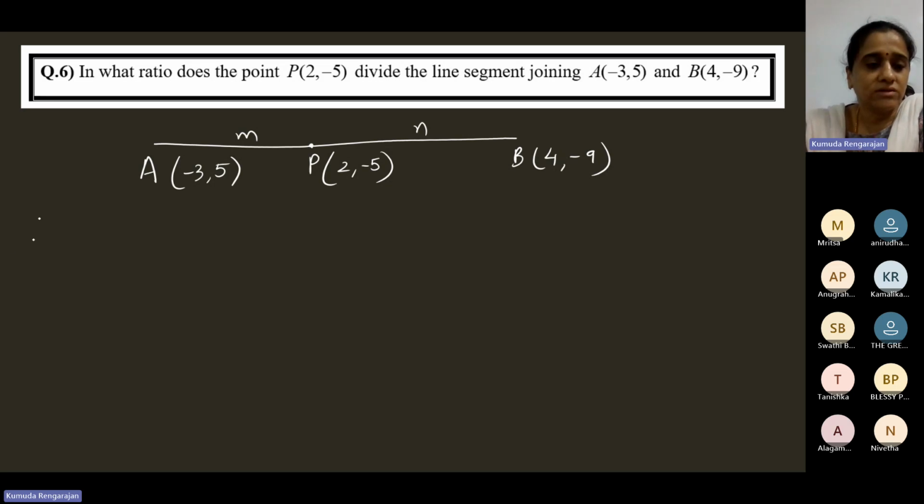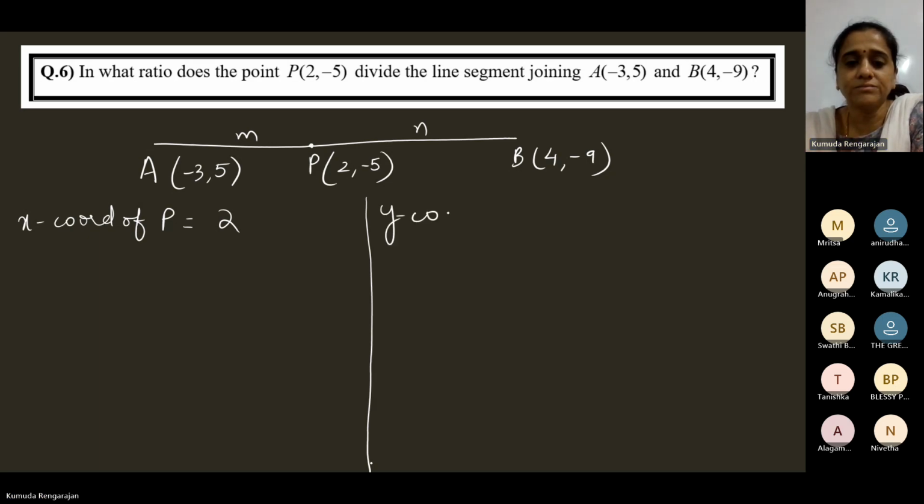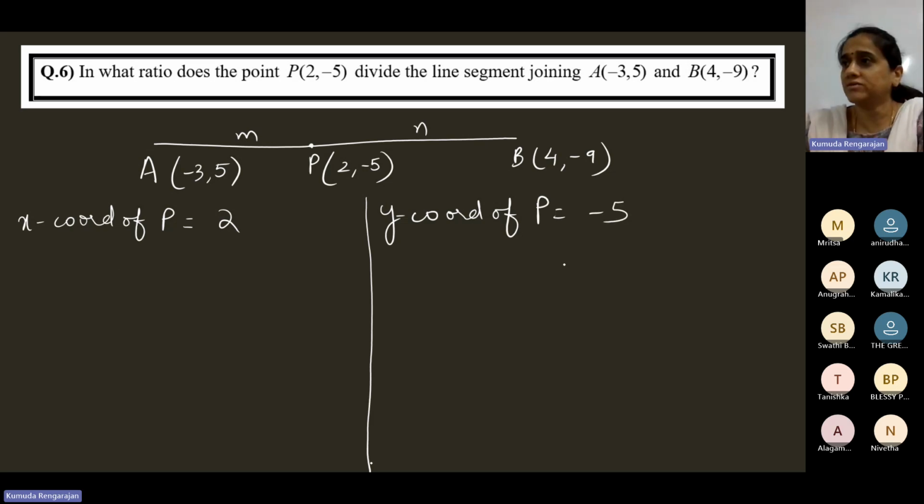Now see here. X coordinate of P is equal to 2. Or you can use the Y coordinate of P. I'm working both side by side.